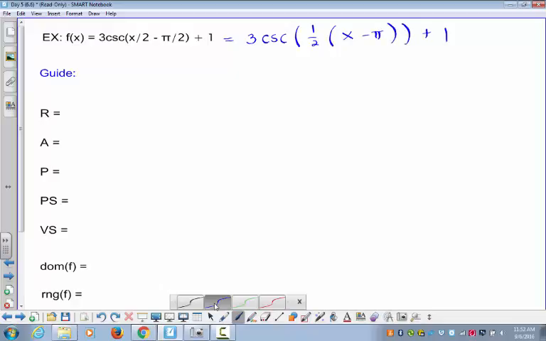And then a vertical shift of 1. Okay. So here's the guide function. For the guide, we're going to choose the reciprocal of cosecant, which is sine. So we're going to write this as 3 sine 1/2 x minus pi plus 1. So that's going to be our guide.